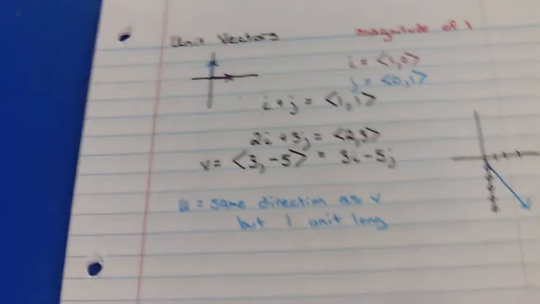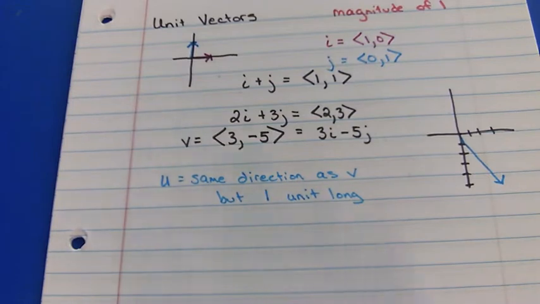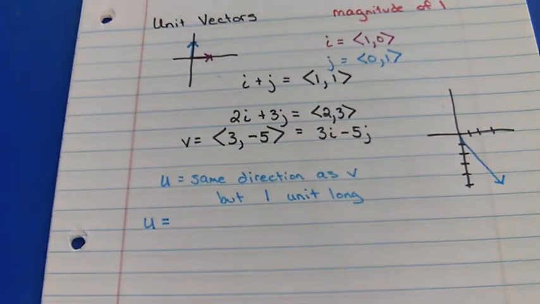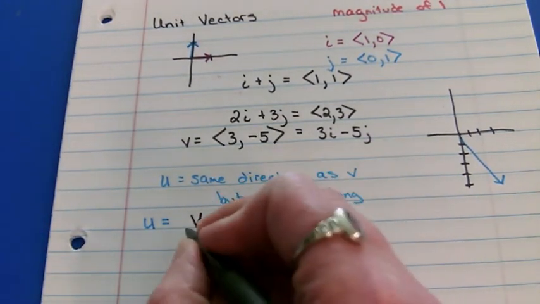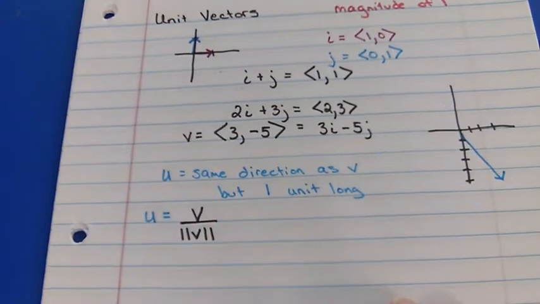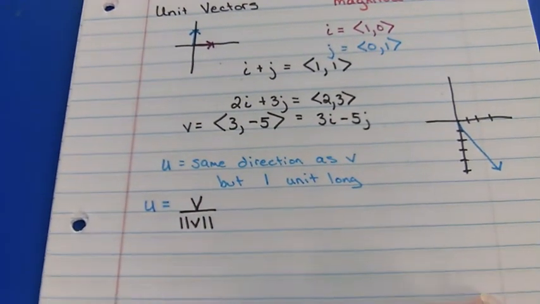So I want it to kind of fit on my unit circle. There is a quick, easy formula to find that. To find u, I'm going to take v and divide v by its magnitude. So I need to come off to the side and find its magnitude.